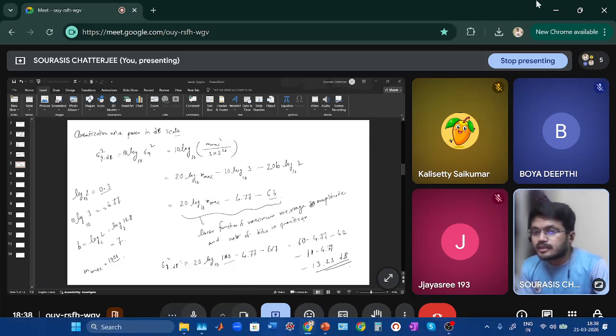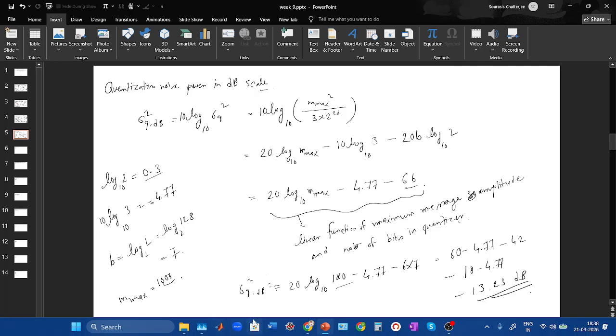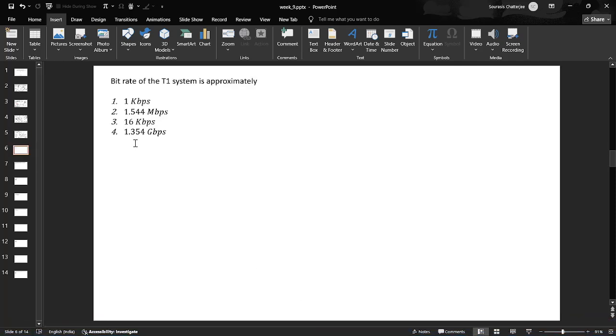Okay, let us move to our second question. The second question is asking the bit rate of a T1 system. So what is the bit rate supposed to be?